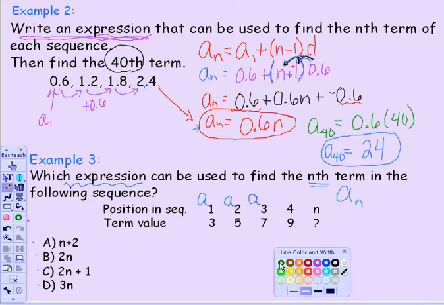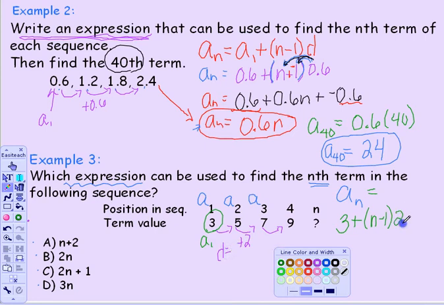We've got a sub n equals a sub 1. A sub 1 is 3, so we've got 3 plus n minus 1. And then we want to look at what's the common difference. Okay, what's going on in between these? Each of these is a plus 2. So our d value is 2.